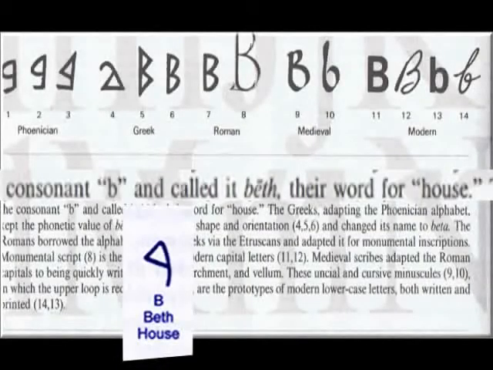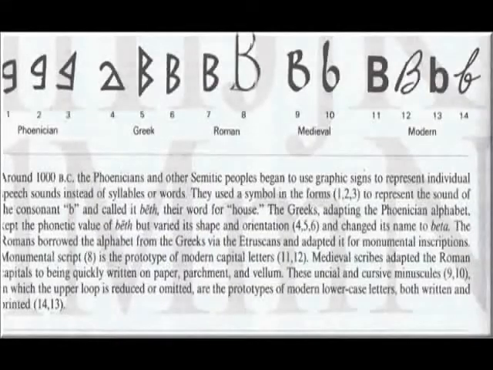Now the word Beth is the Hebrew word for house. Now what does Esau say? Their word for house. The Greeks, adopting the Phoenician alphabet, kept the phonic vowel of Beth, but varied its shape and orientation, 4, 5, and 6.